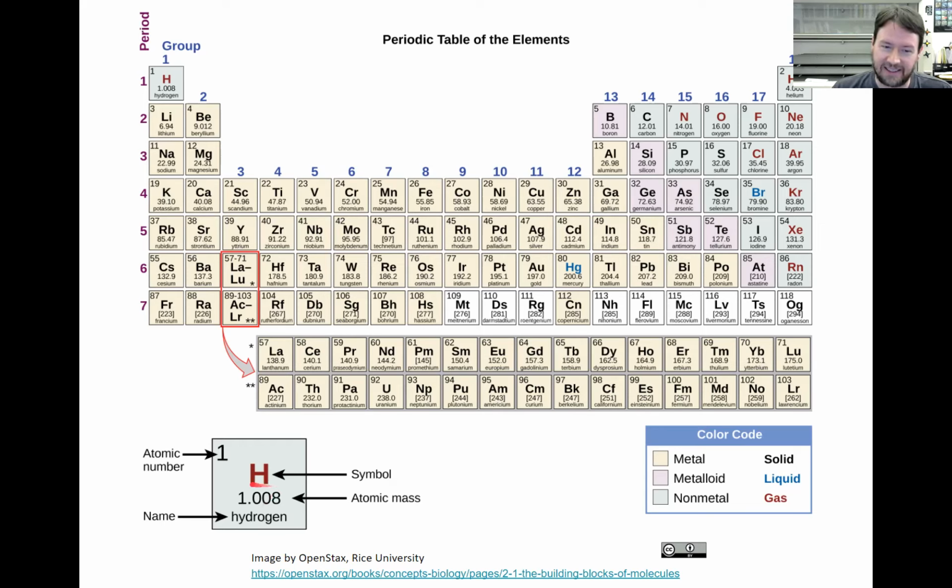And this is actually kind of a weighted average, an average of all the naturally occurring versions of these atoms. Another way of saying versions is to say isotopes. So what this means is for hydrogen, its atomic number is 1, so it's got 1 proton in its nucleus by definition. But if we look at the mass number, it's a little bit more than 1.